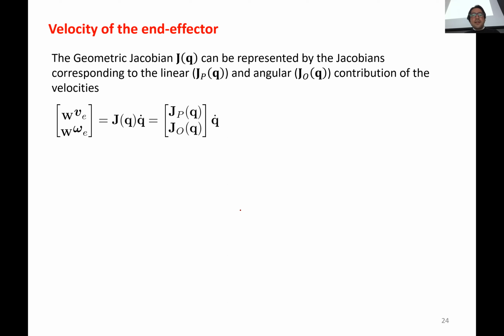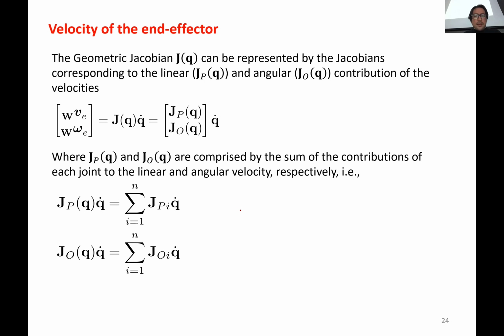So we have the Jacobian of the linear part on top and the Jacobian of the angular part in the bottom. Both JP and JO are composed of the contributions of the linear and angular velocity. These are the result of a sum of contributions of each of the joint variables along the kinematic chain.